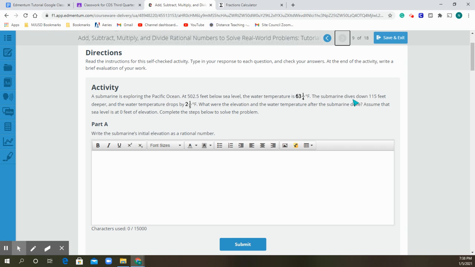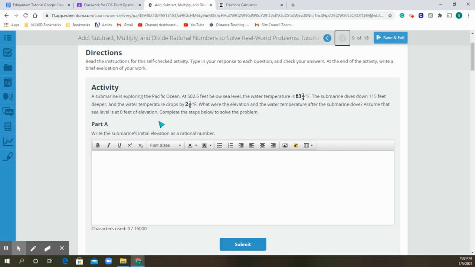The submarine dives down 115 feet deeper, and the water temperature drops by 2 1/5 degrees Fahrenheit. What were the elevation and the water temperature after the submarine dove? So we're looking for two different parts here. Assume that the sea level is at 0 feet of elevation. Complete the steps below to solve the problem.